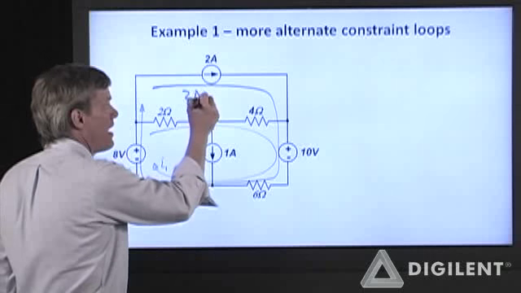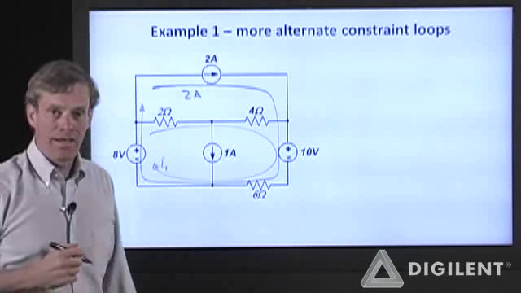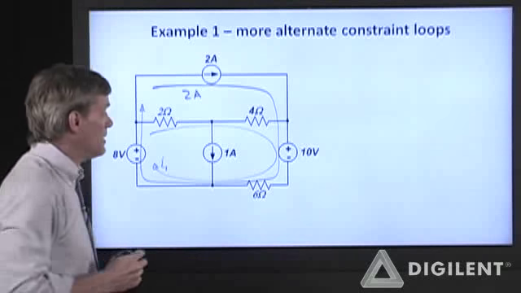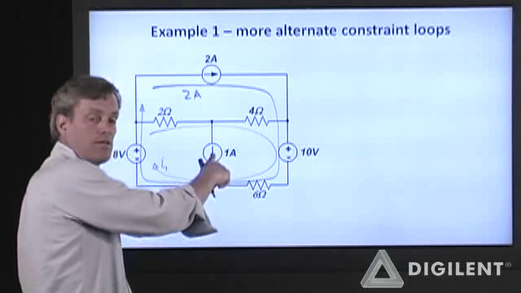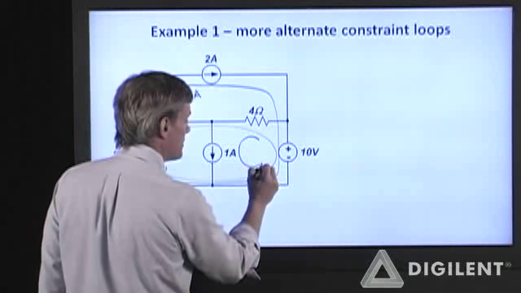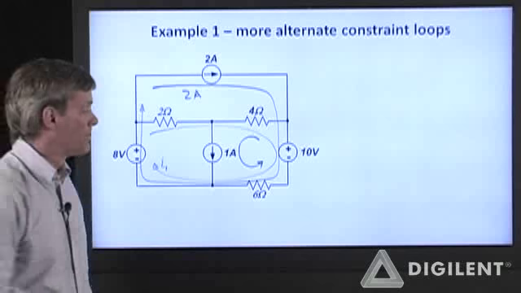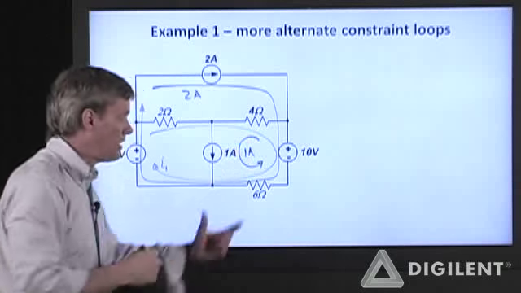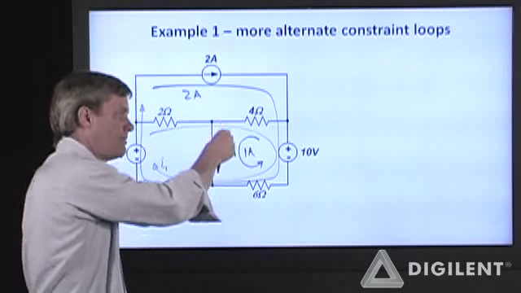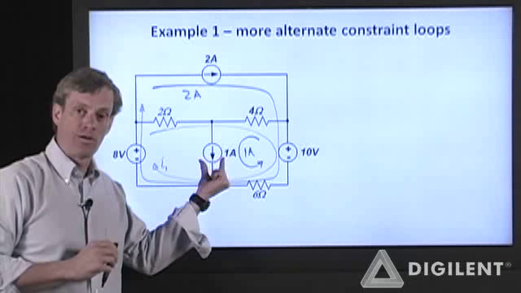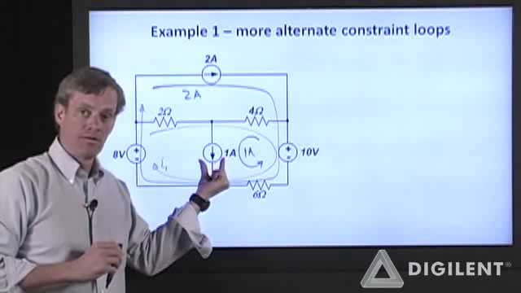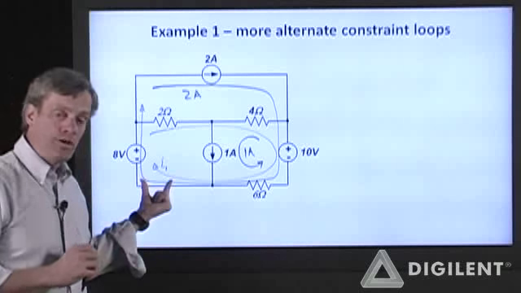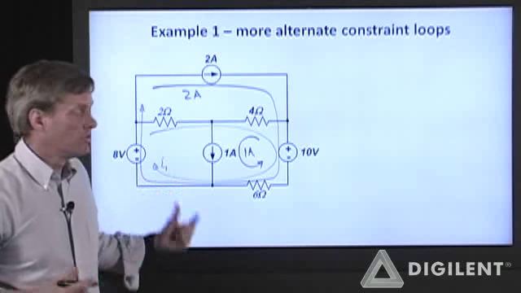So I have 2 amps. It's going to go all the way around the outer perimeter of this circuit. Now, for this constrained loop, let's choose it over here. If I make this 1 amp going counterclockwise here, it agrees with the magnitude and direction of the current through this current element. Now I'm going to do KVL around my single mesh loop.